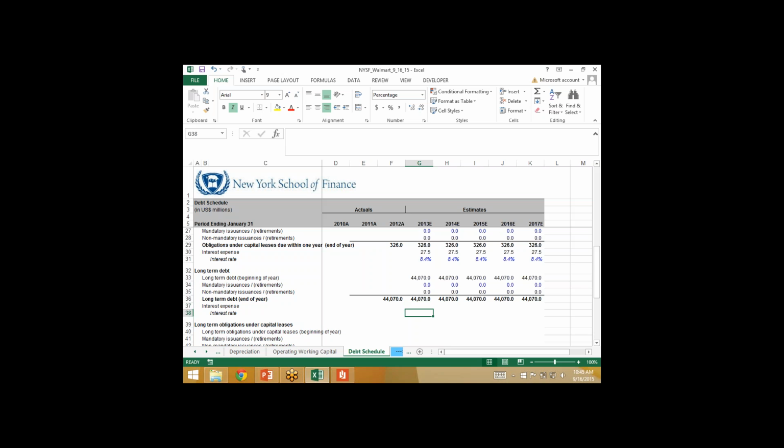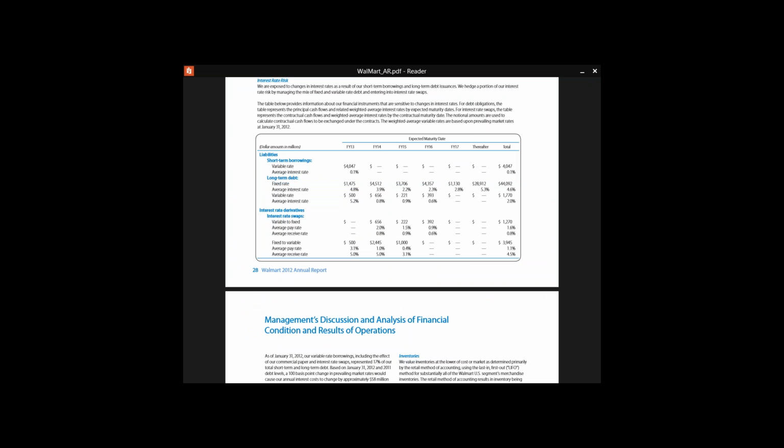Now we have another problem that you might often find. And that problem is, here's their long-term debt, 44092 plus 1770. That's their long-term debt, it is not 44070. It doesn't match.